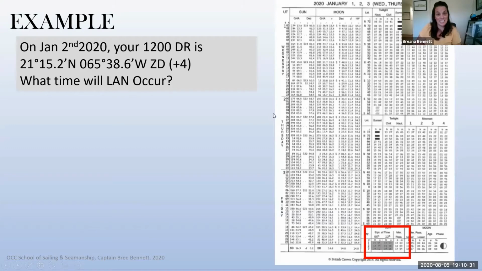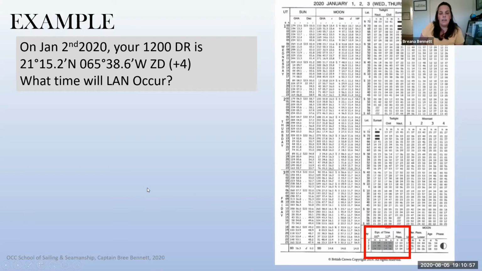So should we dive into an example? Are you ready? So everyone's got their almanac, right? Yep. We have January 2nd, our 12 o'clock DR. So we've calculated our noon DR. What time will LAN occur? And then we will see LAN, and then we're going to get a latitude.